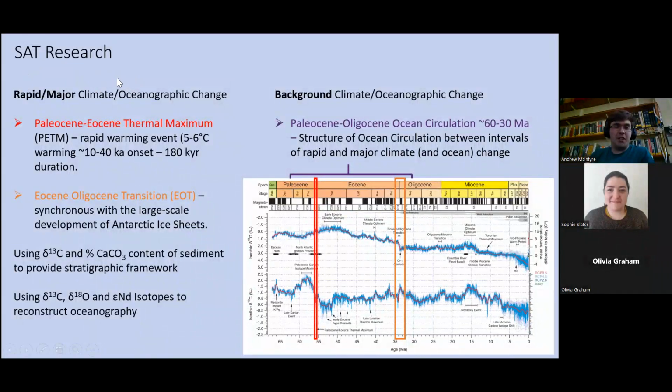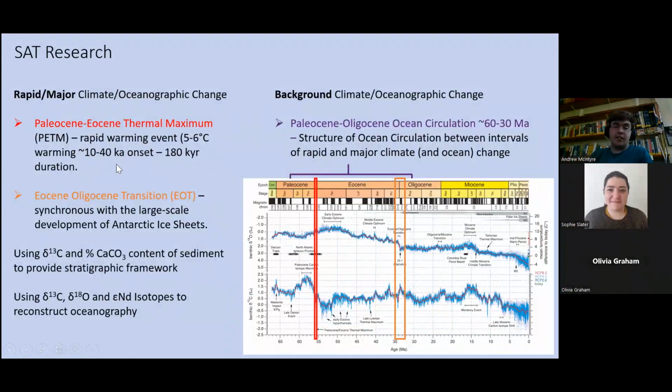So the research I'm going to be involved in after the expedition fits into these two nice broad categories. So looking at rapid and major intervals of climate or oceanographic change. I've touched on this already: the Paleocene-Eocene thermal maximum, this rapid warming event. It's very, very rapid, a sort of 10,000 year onset.